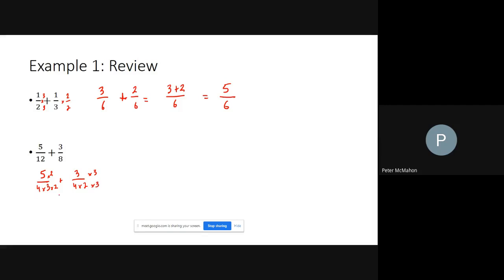So now it's 4, 3, 2 in the bottom, and 4, 3, 2 in the bottom over here. So it's going to be 10 over 4 times 3 times 2 is 24, plus 9 over 24 is 19 over 24, and that would be my answer for this one here. So we need to get common denominators, and then we can add the numerators, keeping the same denominator for adding, and same thing for subtracting fractions as well.